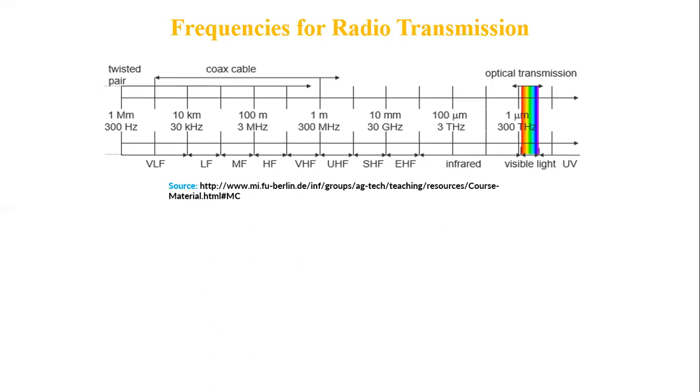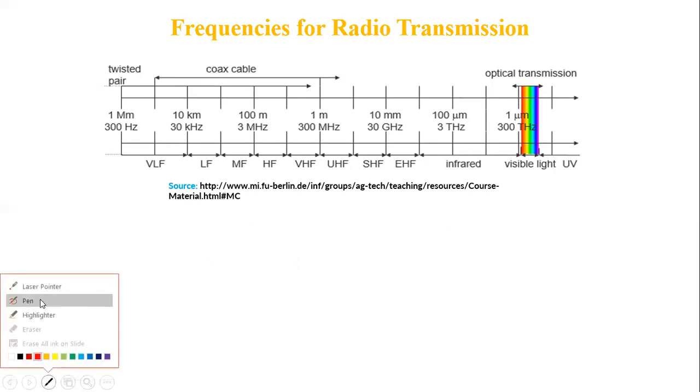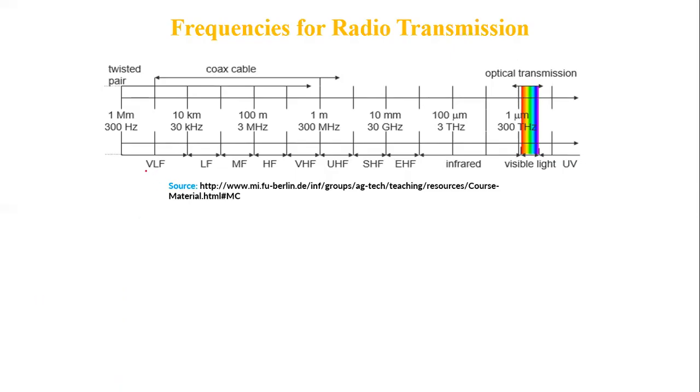Here you can see many terms like VLF. VLF represents very low frequency. LF represents low frequency. MF means medium frequency. HF is high frequency. VHF is very high frequency. UHF is ultra high frequency.